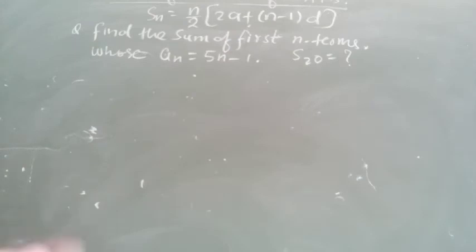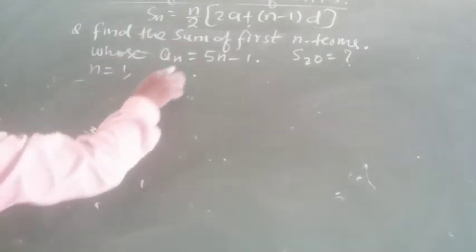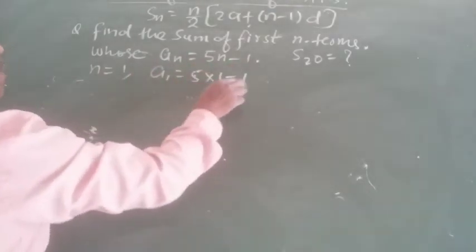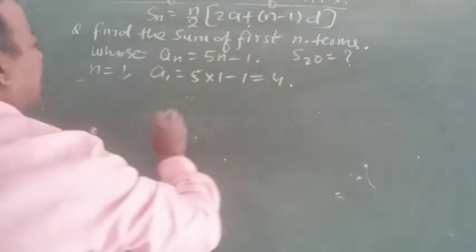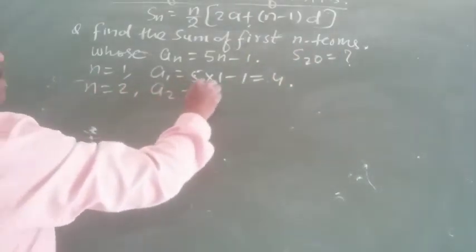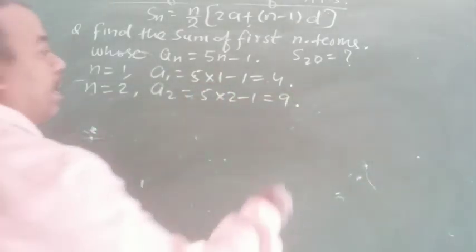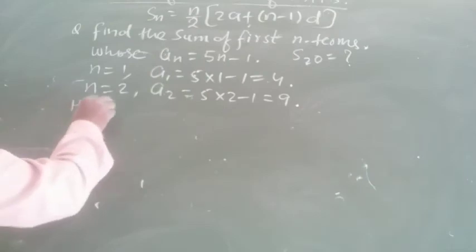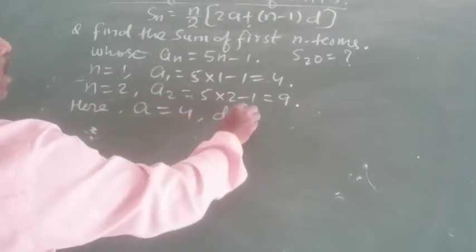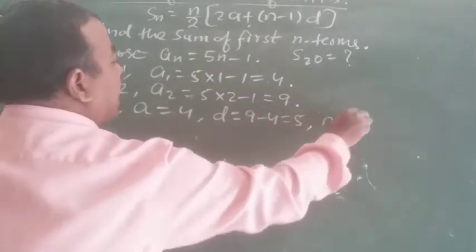Now put here: if n equals 1, a1 equals 5 into 1 minus 1, which is 4. If n equals 2, a2 equals 5 into 2 minus 1, which is 9. So the first term is 4, the common difference is 9 minus 4, which is 5, and the number of terms is n.